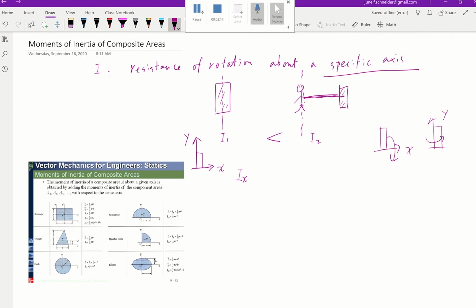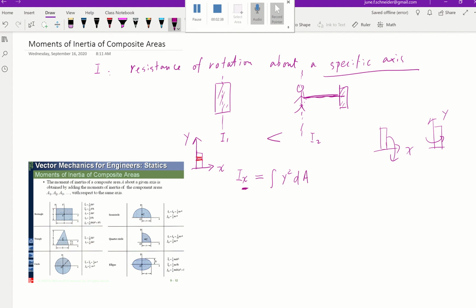So Ix is different from Iy, and here's the formula for any shape. You can use the same formula: Ix is the integration of y squared dA. But how do we draw this dA? Here's something very important. If you're finding the moment of inertia about the x-axis, you draw your rectangle horizontal.